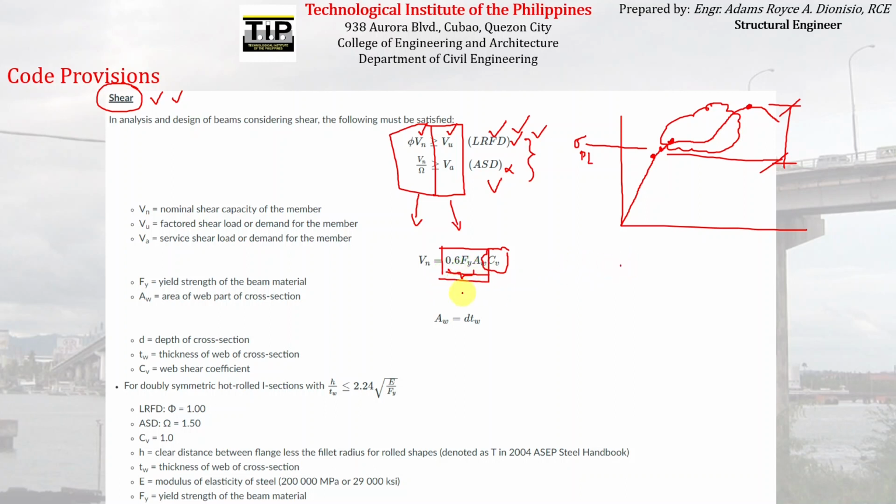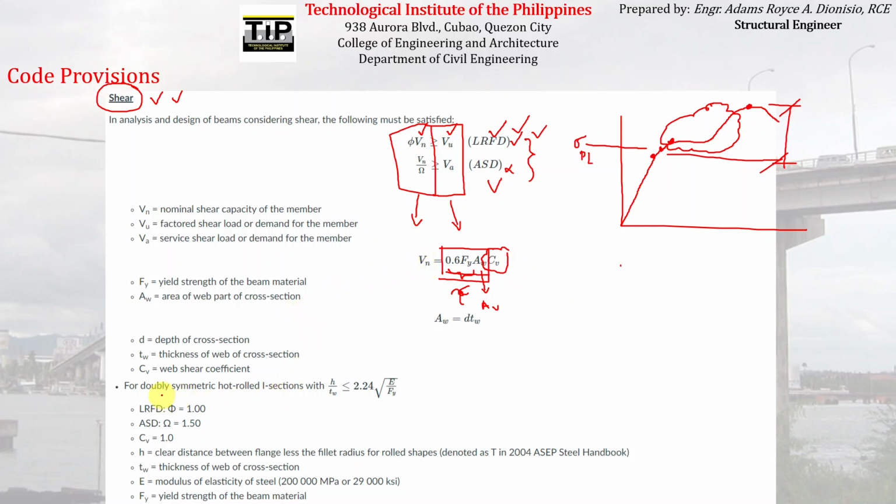This is the corresponding allowable shear stress, tau, because we are talking about shear force, and this is the shear area. And then we just multiply it by the corresponding web shear coefficient to modify the nominal shear capacity.